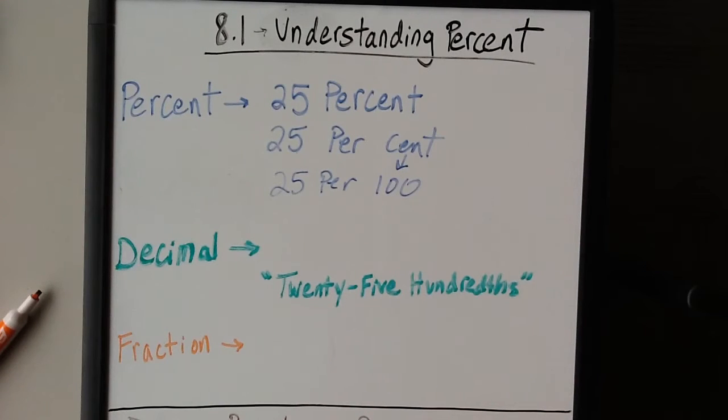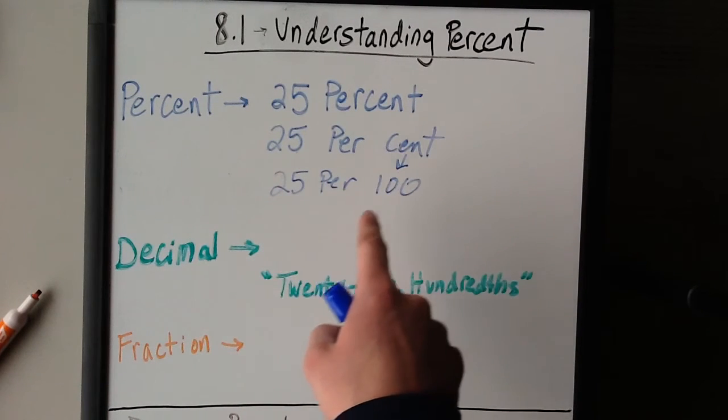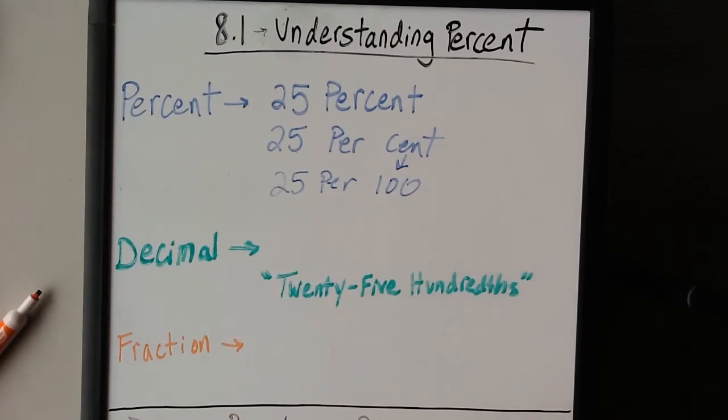If you have a century, the prefix cent is in there. Century means 100 years. If you have a centimeter, coming from our ratios unit, there are 100 centimeters in 1 meter. And so anytime you see the word cent, think 100. So if you have 25 per cent, we have 25 per 100.